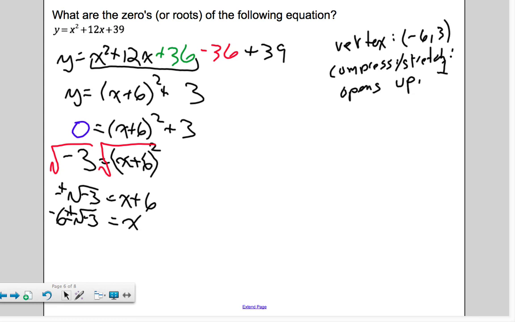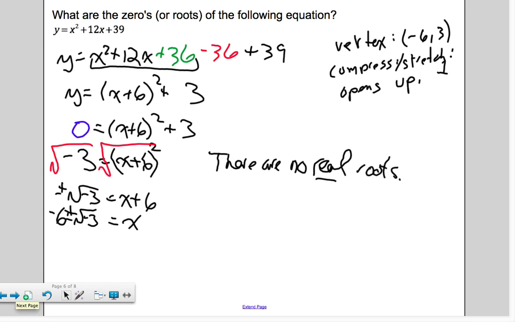A negative times a negative gives a positive. So you cannot take the square root of a negative. There's no real number that, when multiplied by itself, gives negative 3. So really, there are no real roots.